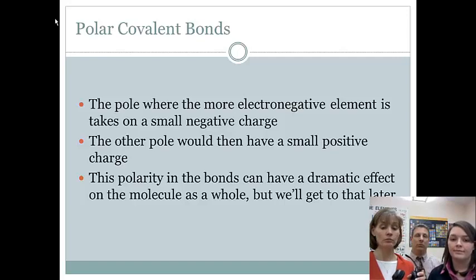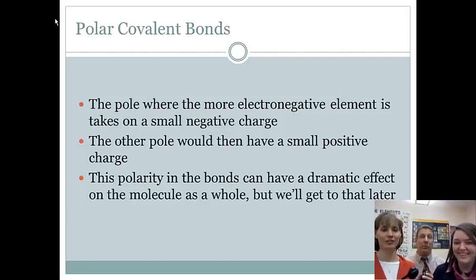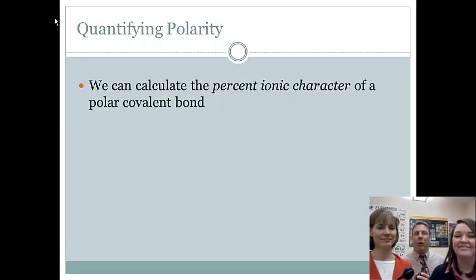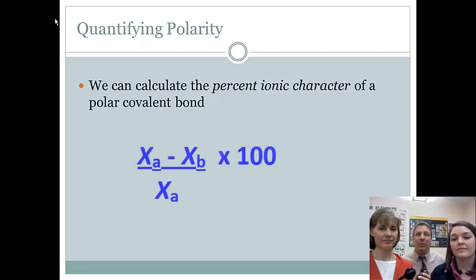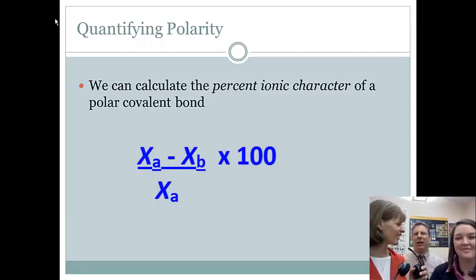So the scientists are all about measuring this amount of polarity. One way to quantify this amount of polarity is to calculate the percent ionic character. What? Yeah, I know. Percent ionic character?